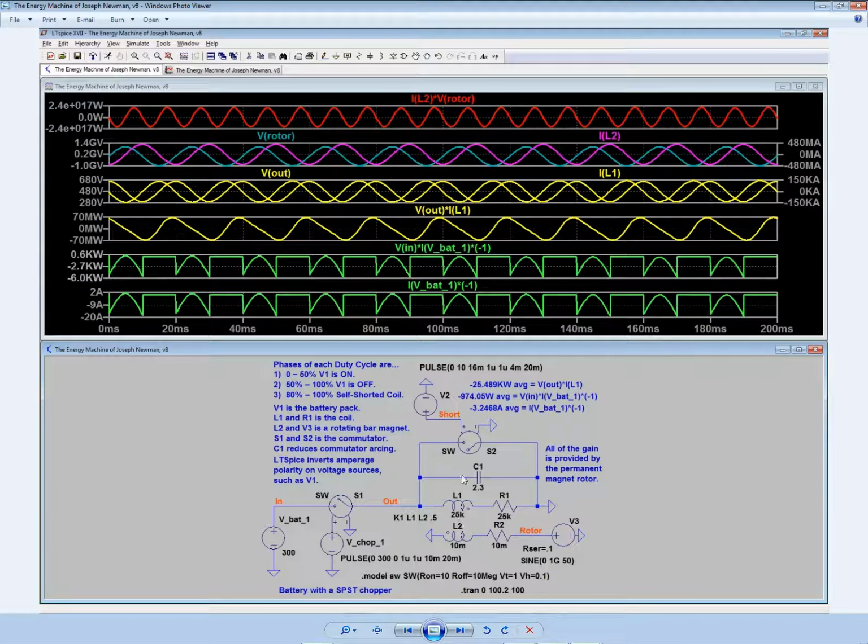Because you have to be able to get the amps on the battery pack to go negative. Not a lot, the average is just 3¼ amps, but it has to happen to show that you've got a gain on the coil, seemingly from nowhere.